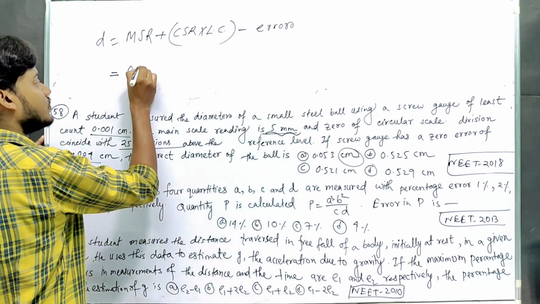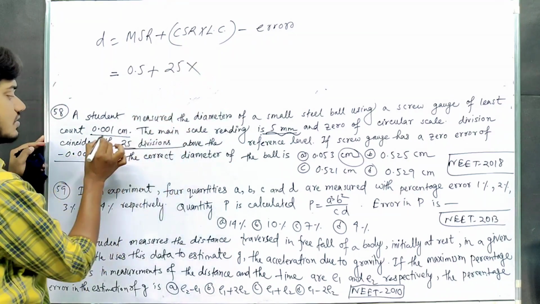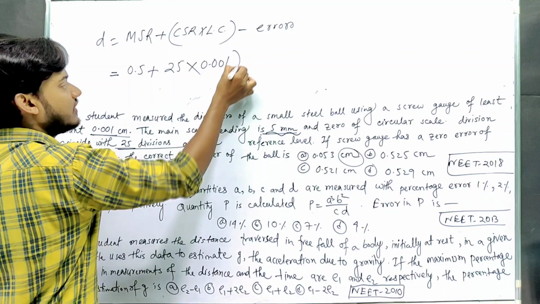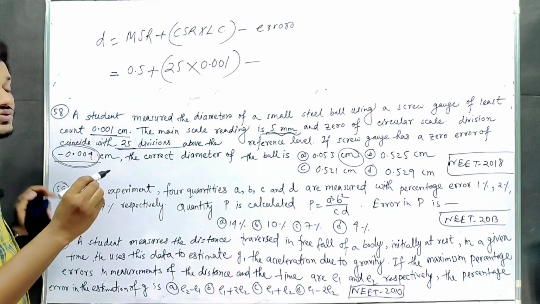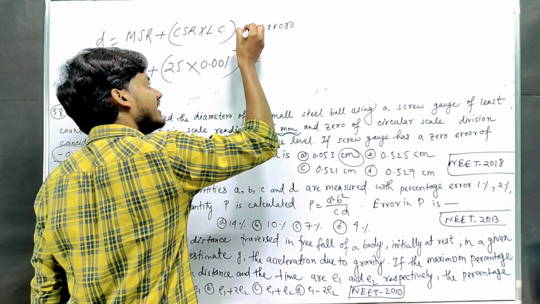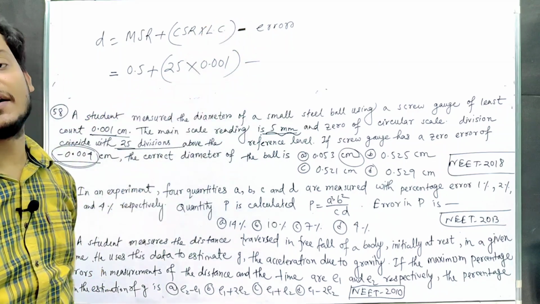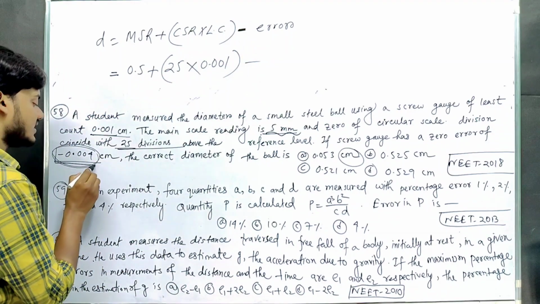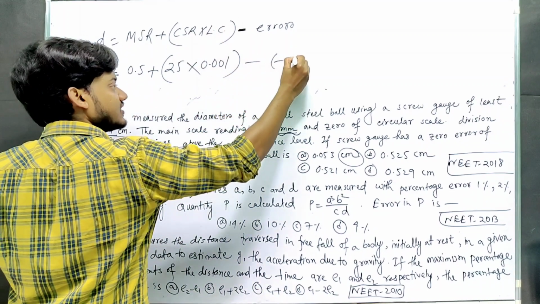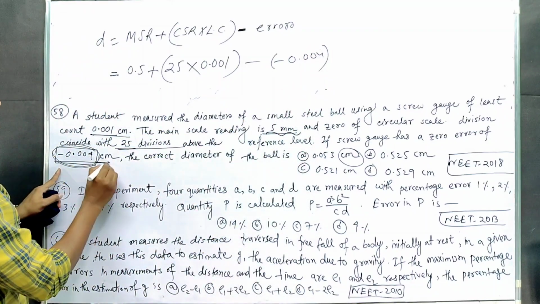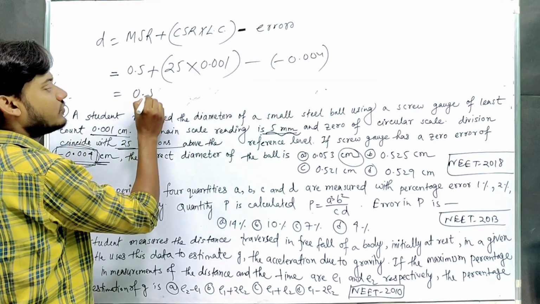Divide by 10, so we get 0.5 plus circular scale reading 25 into least count 0.001 minus error. Whether the error is minus or plus, it makes no difference, you have to subtract the error. Here you have to write minus. It doesn't matter whether the error is minus or plus, you have to write minus here. Okay, the error is minus 0.004. Everything is in centimeter. Okay, next 0.5, 0.025, 9, 0. So if we add this, we get 0.